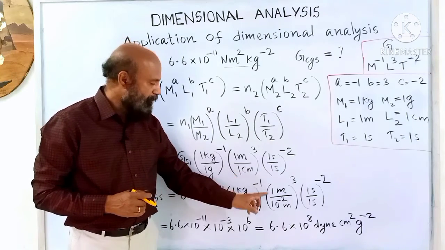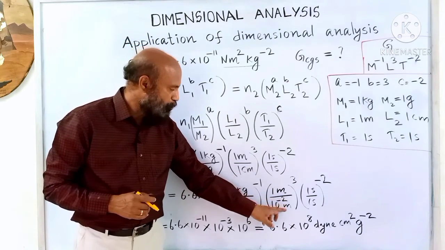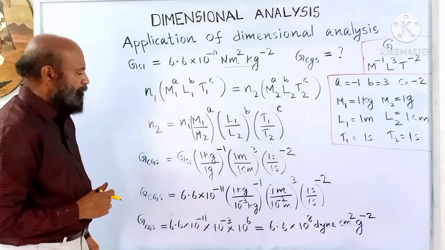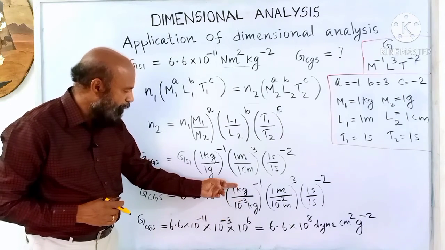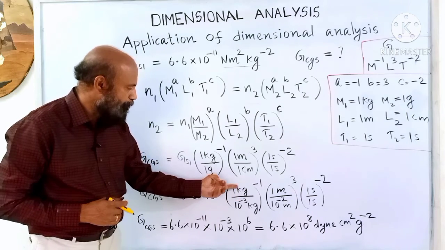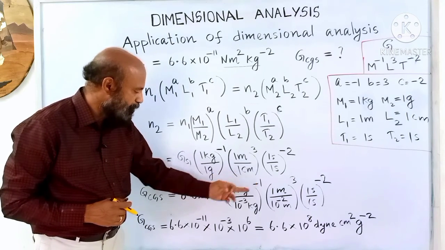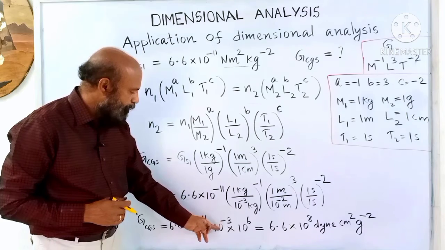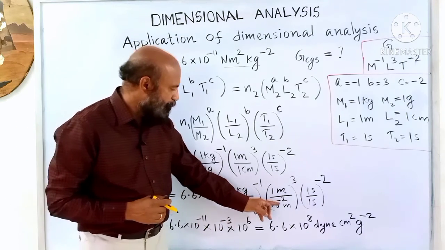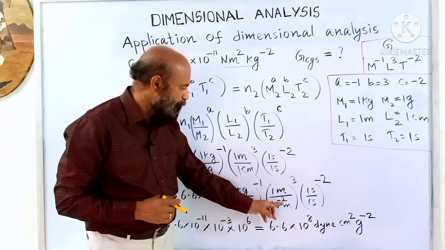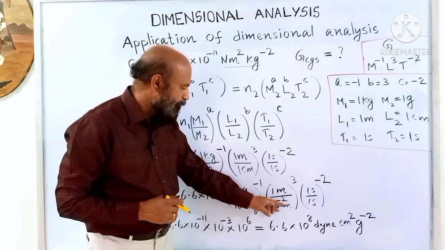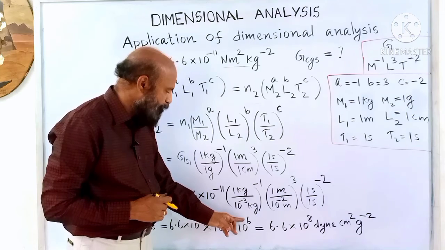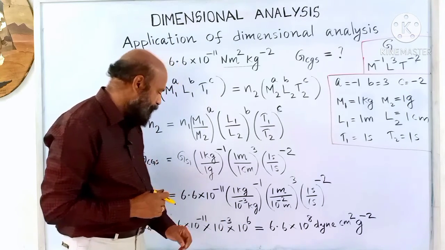Centimeter can be written as 10 raised to minus 2 meter. Then when this minus 3 is taken up, it will become plus 3, but outside this minus is there, so it will be 10 raised to minus 3, then minus 2 into 3, so minus 6, but when it is taken to the numerator it will become 10 raised to plus 6.